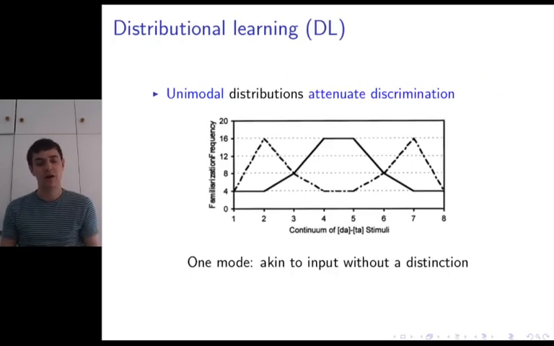However, if infants are exposed to a unimodal distribution, so just a central mass of ambiguous points between the voiced and the voiceless consonant, what we see is that discrimination attenuates. So what we predict is that infants who are exposed to input that lacks a distinction should fail to discriminate a voicing distinction later in development because they haven't received the relevant input or because they've received input that suggests the absence of a contrast.